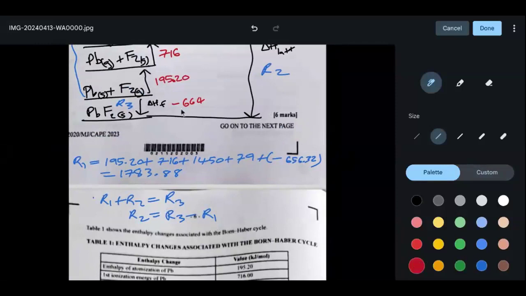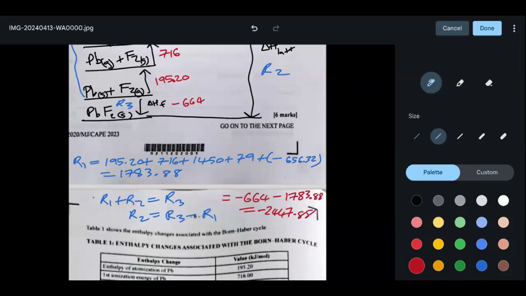R3 is negative 664, take away 1783.88, and I got negative 2447.88.